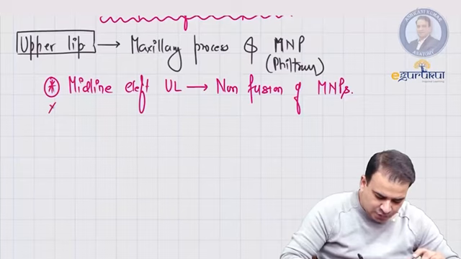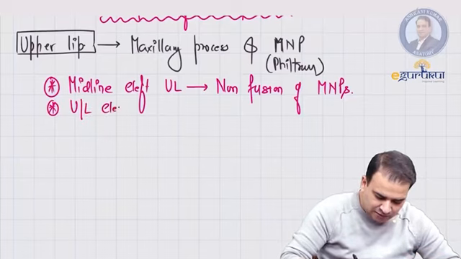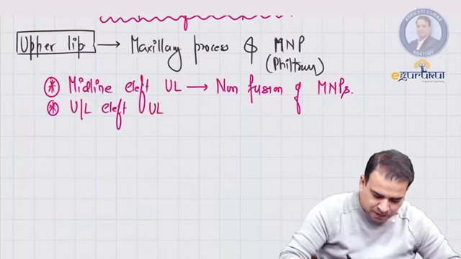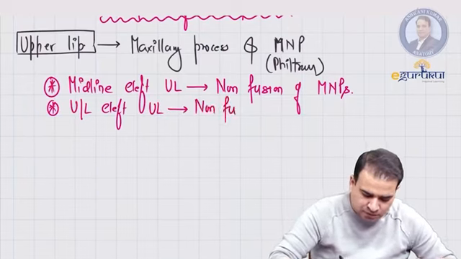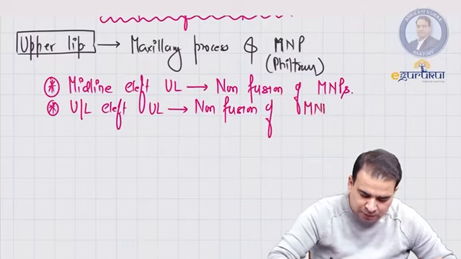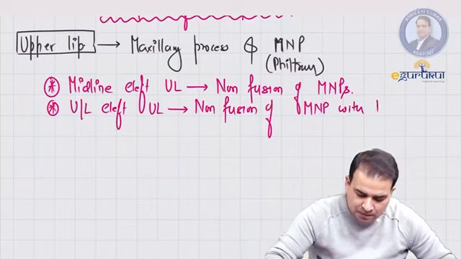Then the second condition we have is the unilateral cleft upper lip. Unilateral cleft upper lip is because of the non-fusion of medial nasal process with maxillary process.